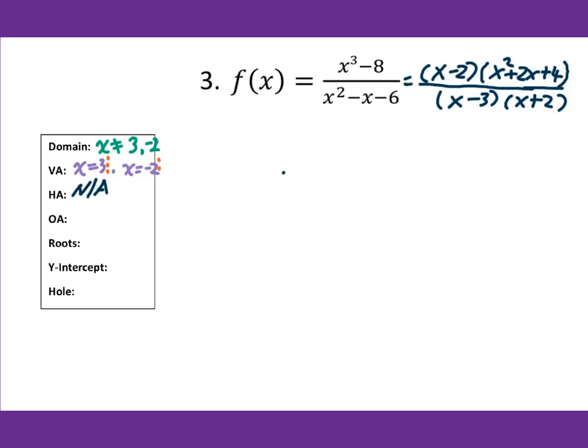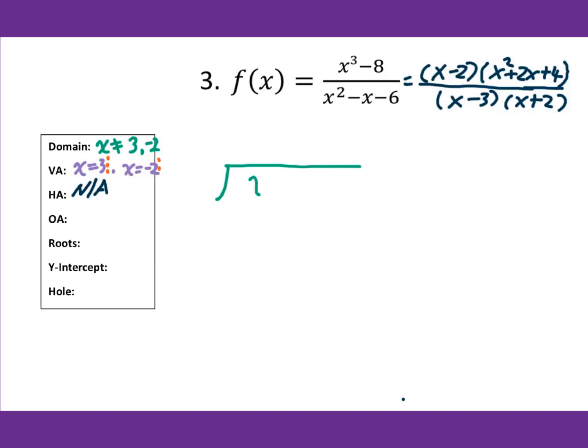So we will work this out. You can use long division or synthetic division. I will show you both ways. Remember that when you use long division and synthetic division, no missing terms.